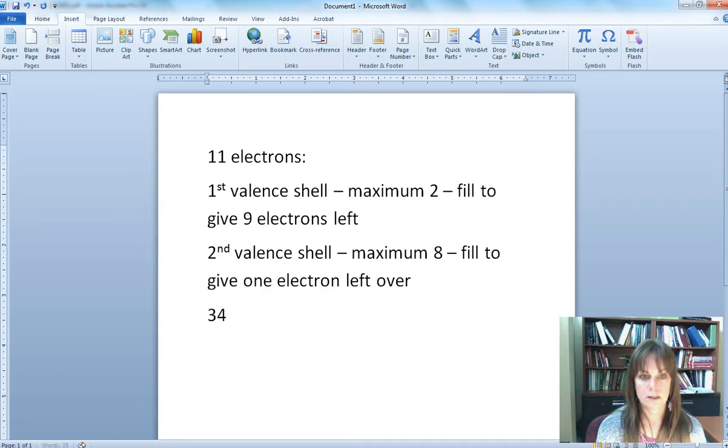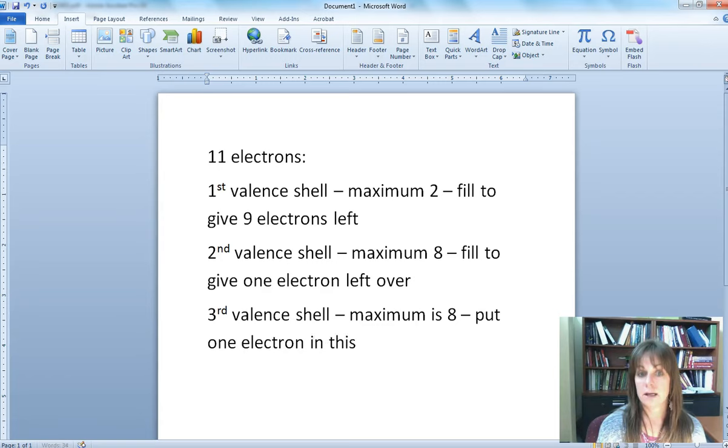Where are we going to put it? Third valence shell. The maximum is 8. We'll put 1 electron into this shell but can't fill it. So, the atom is unstable.